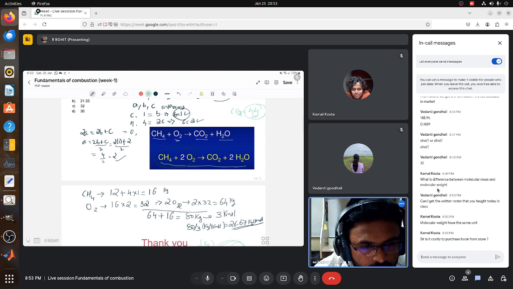Is it costly to purchase from the store? Yeah, so I think it is a bit costly; cost is different for different people.